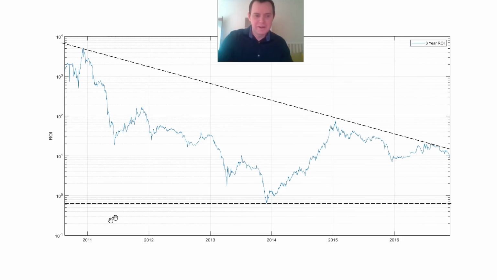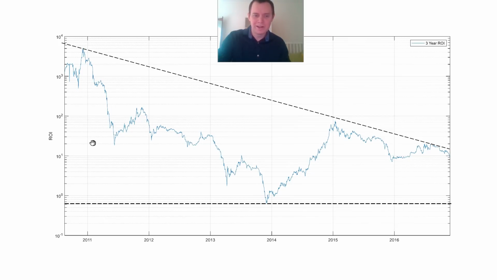The point is that if you had bought Bitcoin and held on to it for 3 years, at any given point in its history of being around, except for the small window over here, you would be at a net positive ROI, except for if you had bought right here or maybe as it dipped right there.